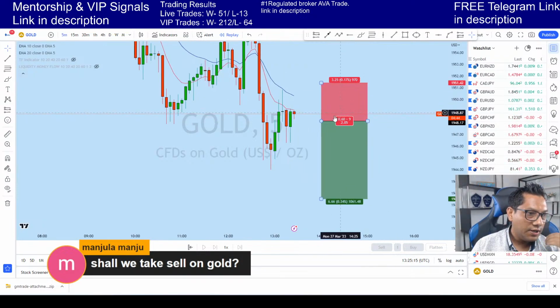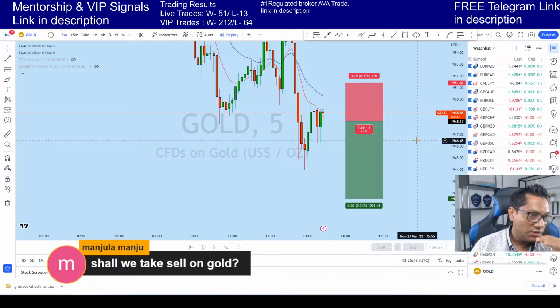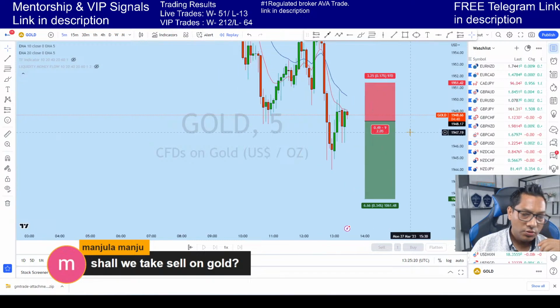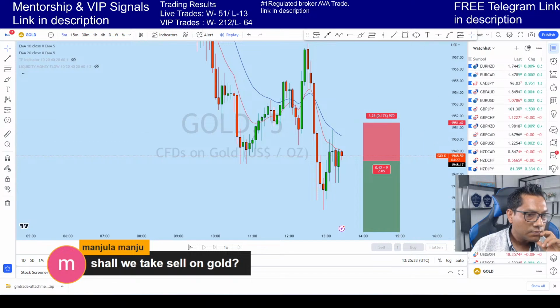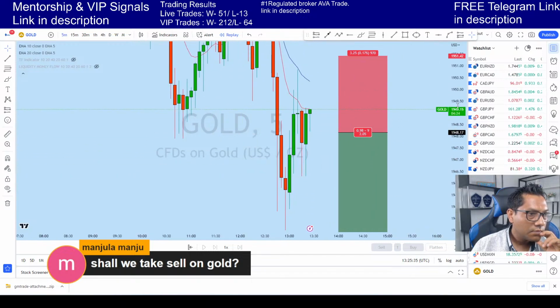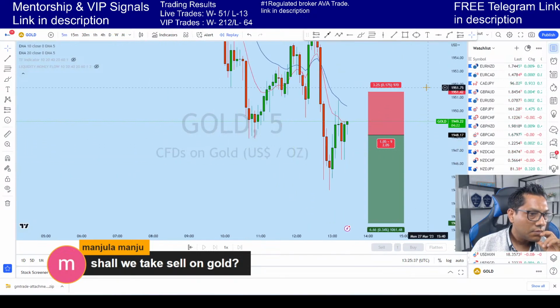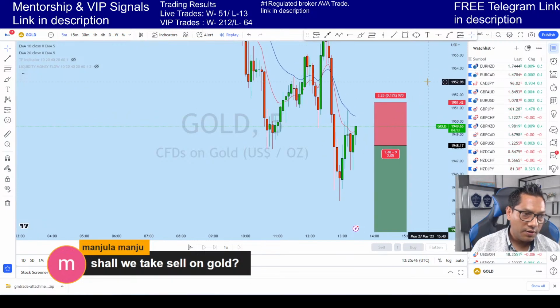Okay, so you see that there is a pullback candle which is in a zone that could change the trend.